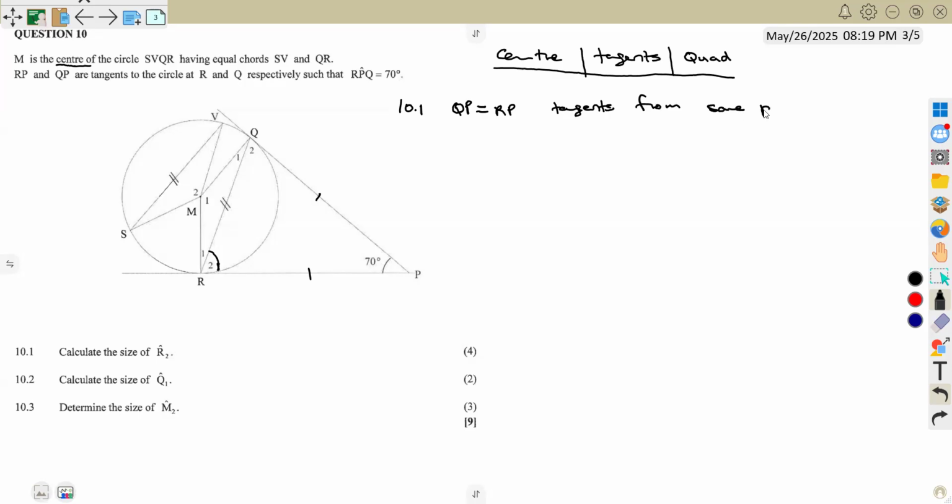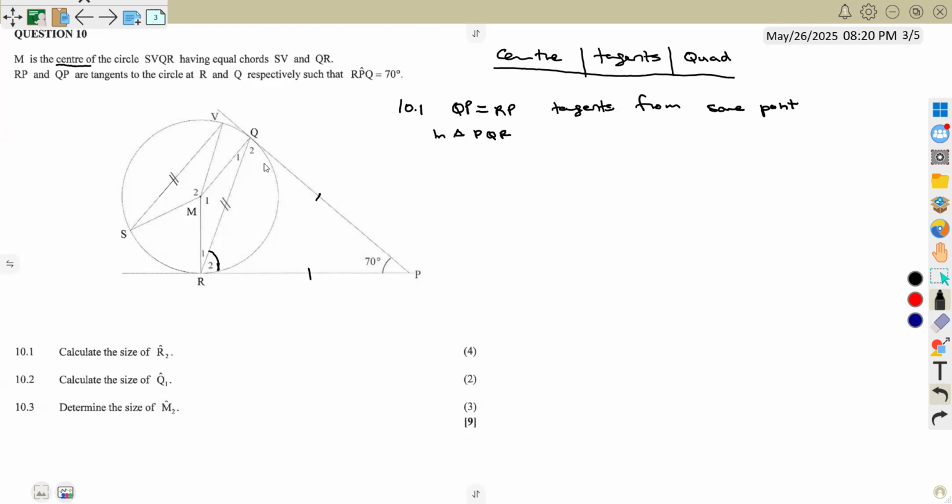If we consider that these two are equal, and we now have a triangle because we have drawn QR, we can consider triangle PQR.